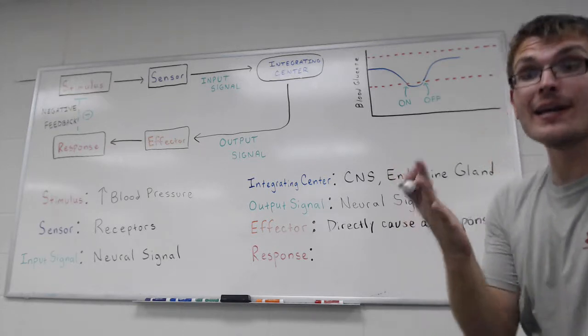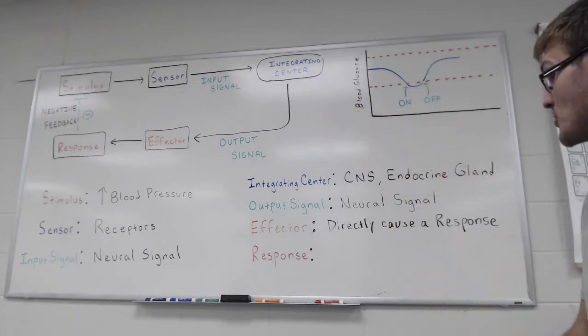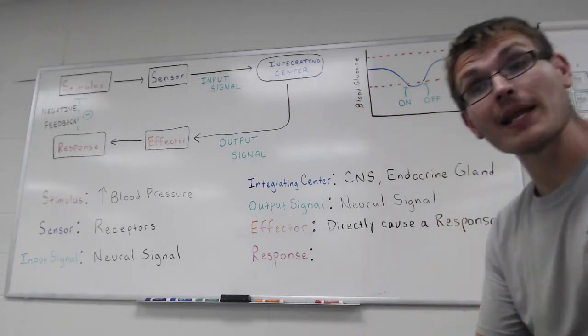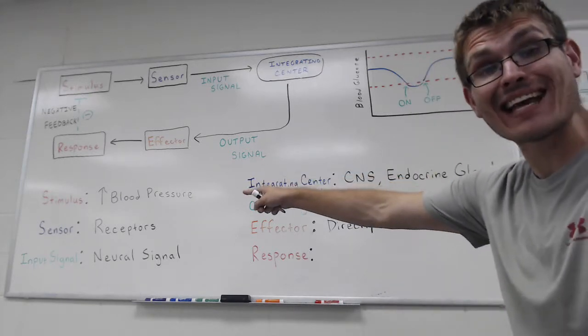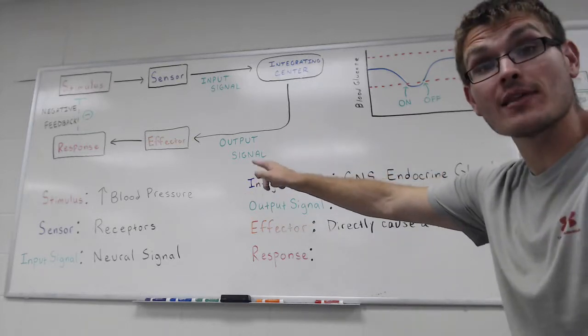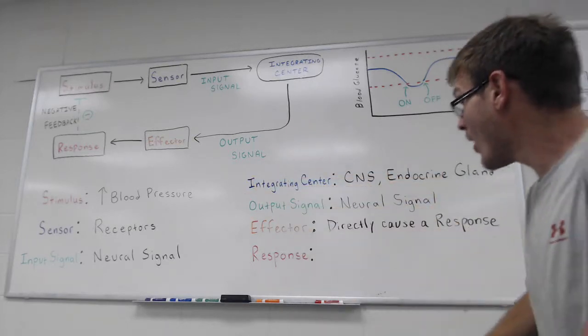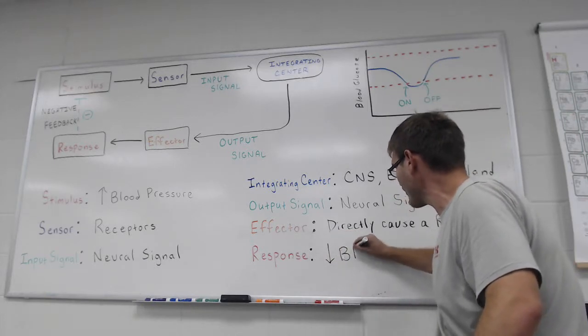And appropriately, that's what comes next. The effector is going to lead to some response. And if we played our cards correctly, our response should be antagonistic to what our stimulus was. If our stimulus was that the blood pressure was too high, our response should be to bring the blood pressure back down.